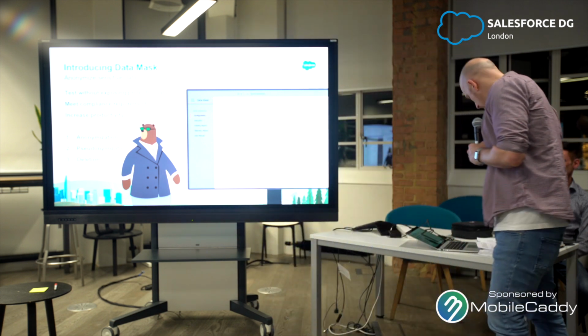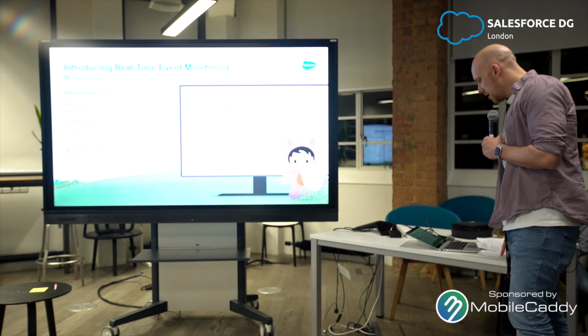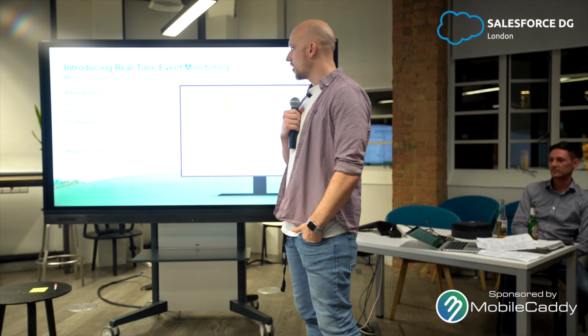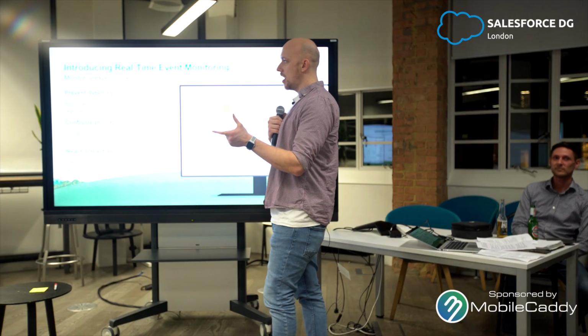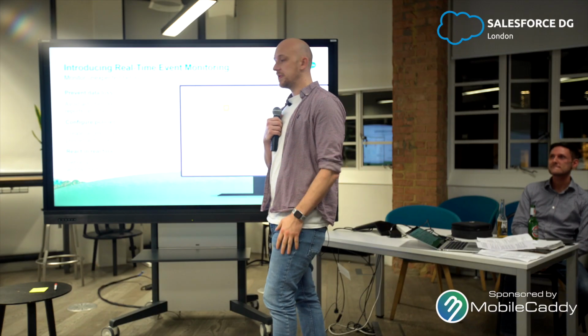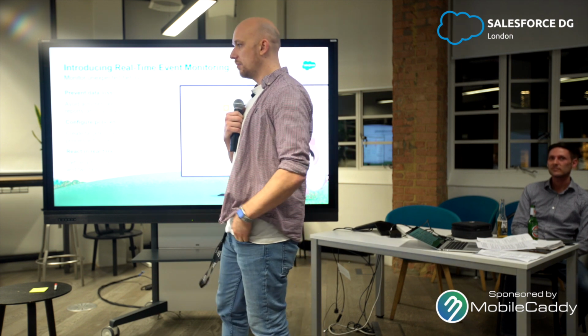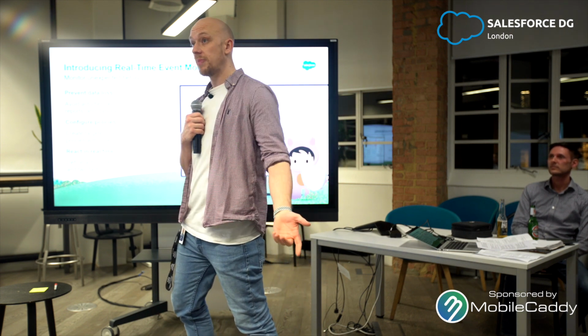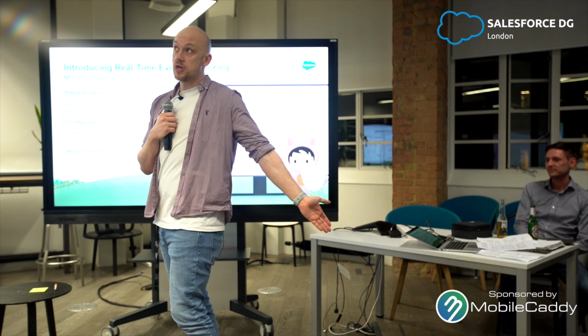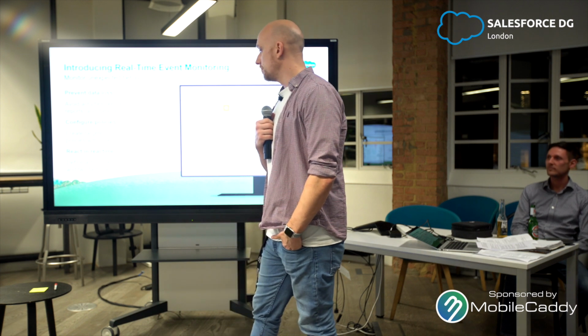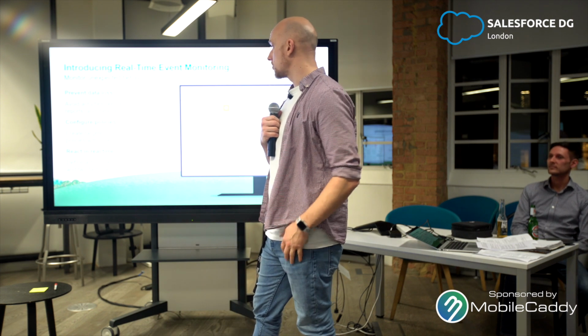And then lastly, real-time event monitoring. So in terms of preventing data loss, you can now configure security transaction policies of real-time events. So things like if there are anomaly patterns in how reports are being exported, large data volumes, you can trigger transaction security policies off the back of those to block the action, or to silently notify an administrator, or just record it in a log somewhere.